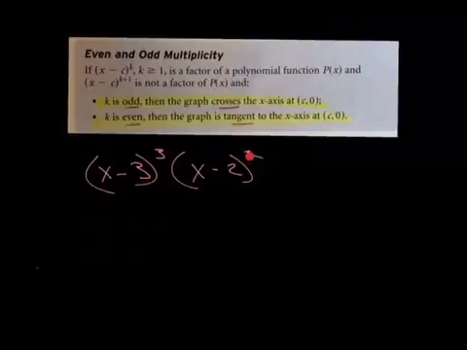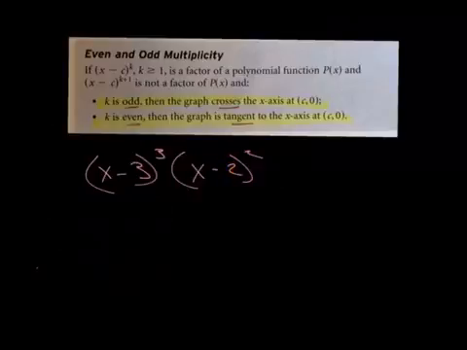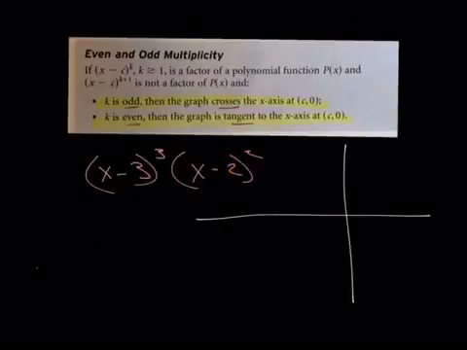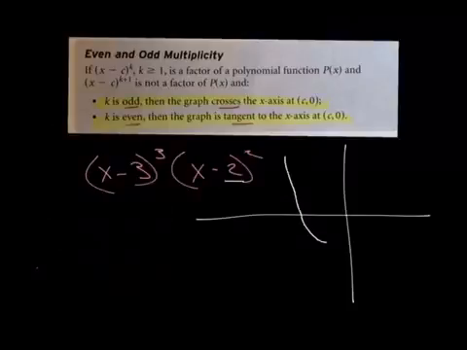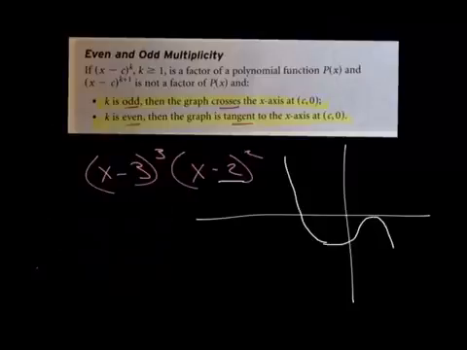If this exponent is even, then the graph is tangent to the x-axis at that point, meaning that it may cross at negative 3, but at 2, it may just bump up against the line and go back down. So it's tangent here and crosses there because odd and even.